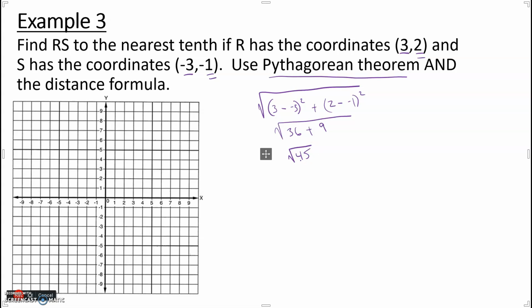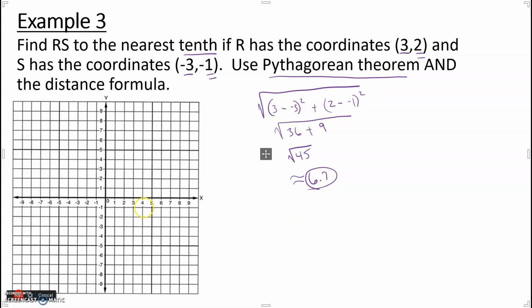And it doesn't say round or anything like that, so we're going to go ahead and type this one in the calculator. So we'll type in the calculator square root of 45 and we'll get about 6.7. Oh, it did say round. Sorry, to the nearest tenth. Good thing we rounded.